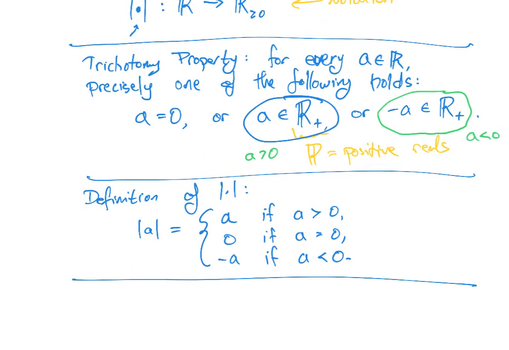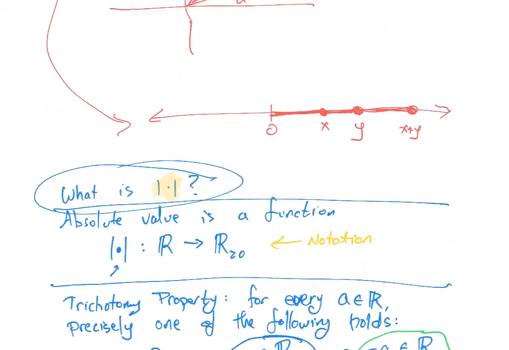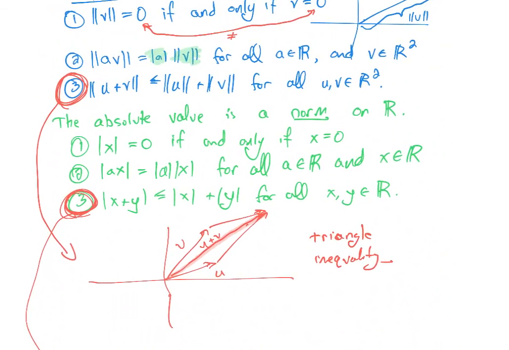Now, go back to these properties that I claimed were true. We can now make those properties a theorem. From that definition we just gave, I think part 1 is pretty obvious.